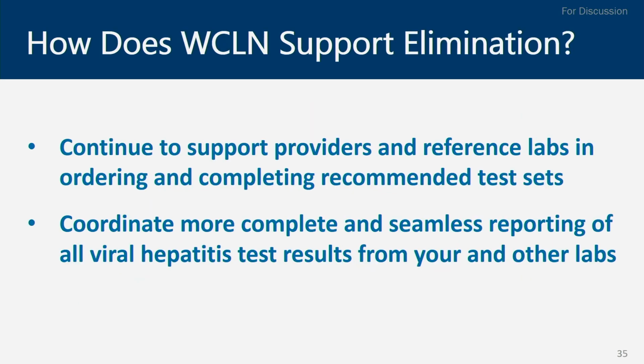The WCLN is already doing a lot to make hepatitis elimination a reality in our state by continuing to advocate for those correct hepatitis screening panels and by coordinating the reporting of lab results across all of these different systems. Your work is making the detection of these diseases possible in our state.